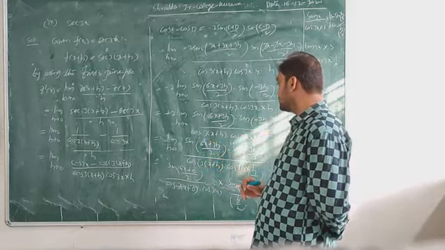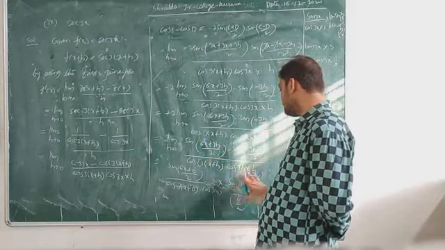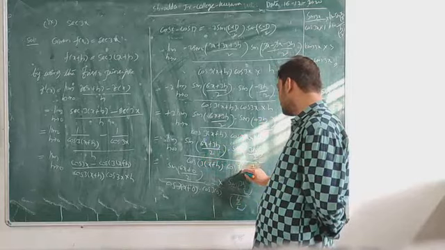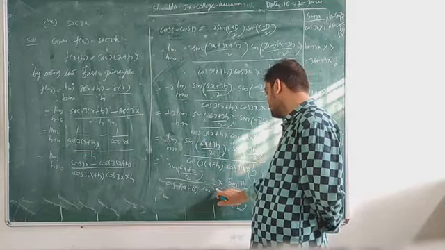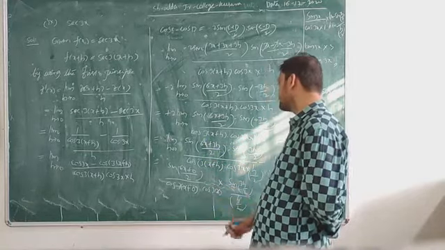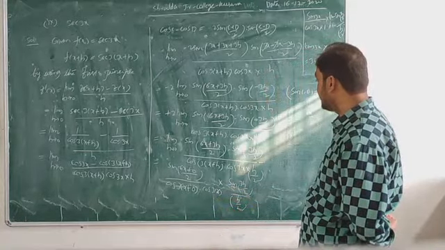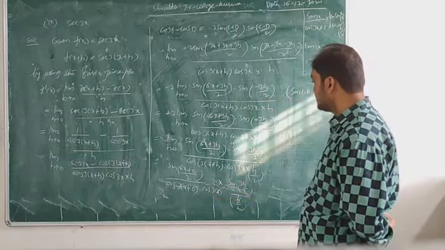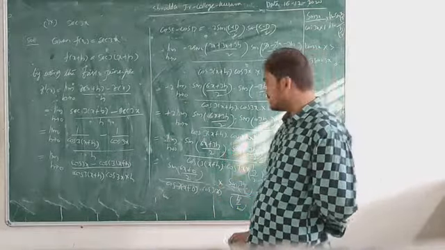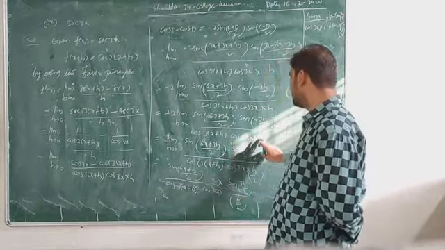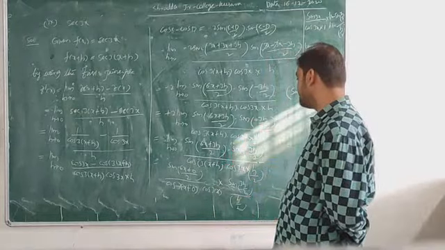Limit h tends to 0, sin of 6x plus 3h by 2 into sin 3h by 2, by cos 3 into x plus h into cos 3x into h by 2.